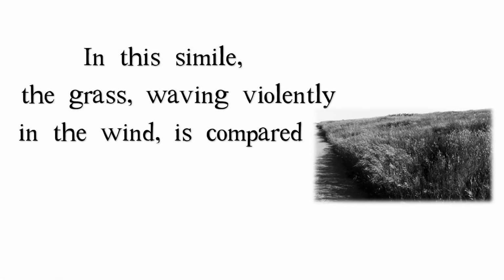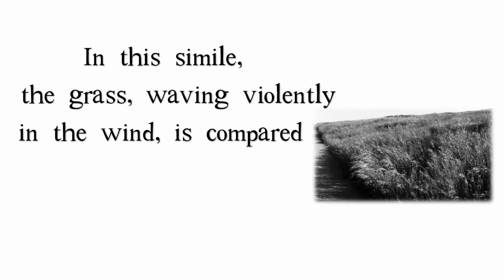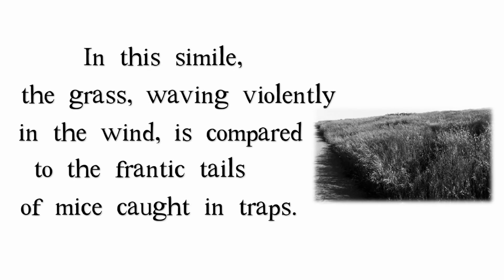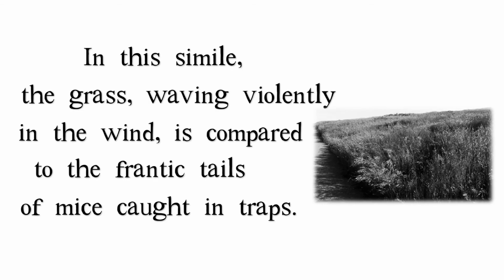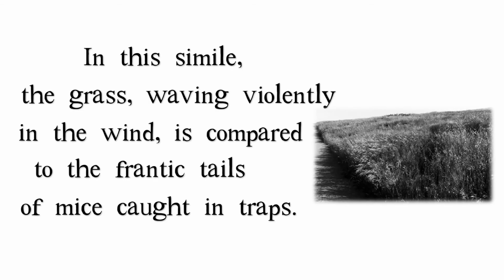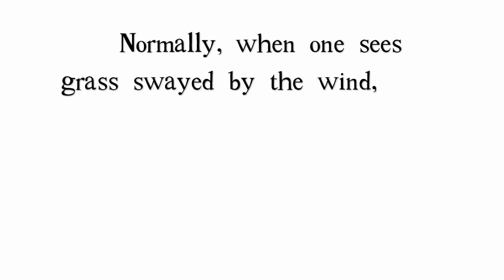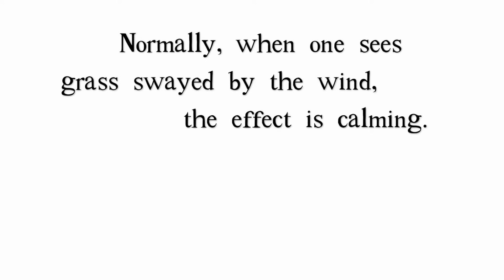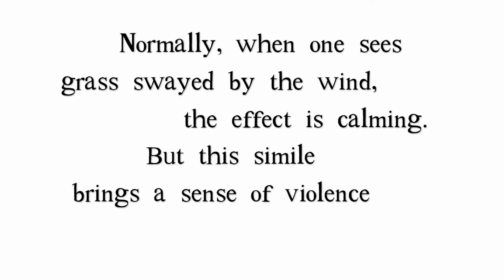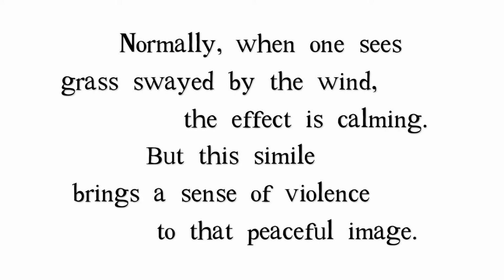In this simile, the grass, waving violently in the wind, is compared to the frantic tails of mice caught in traps. Normally, when one sees grass swayed by the wind, the effect is calming. But this simile brings a sense of violence to that peaceful image.